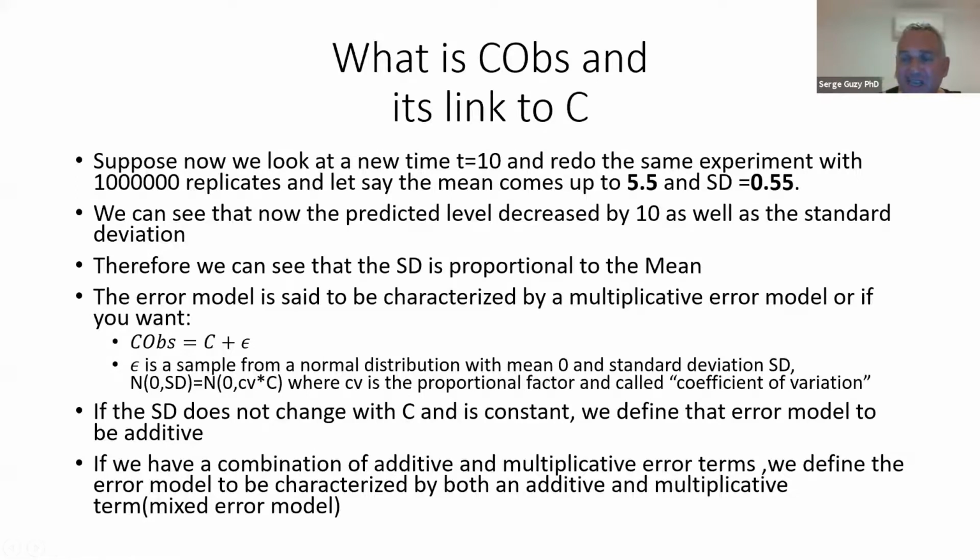When the standard deviation that characterizes the randomness of your recorded observation is proportional to the true predicted concentration, we say that we have a multiplicative error. If you have a multiplicative error, the program will estimate what is called the CV, the coefficient of variation.